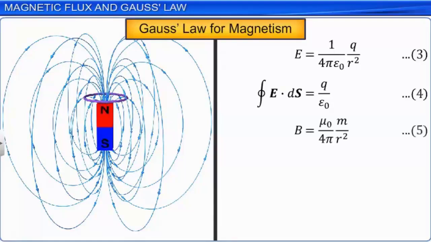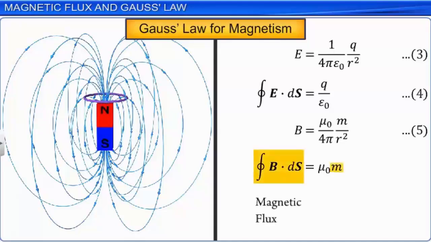By observing Gauss' law for electrostatics, we can write Gauss' law for magnetism as the integral over a closed surface of B dot ds is equal to mu naught times the net pole strength enclosed by the closed surface. Here, the integral over the closed surface of B dot ds is the magnetic flux, and m is the total pole strength enclosed by the closed surface.